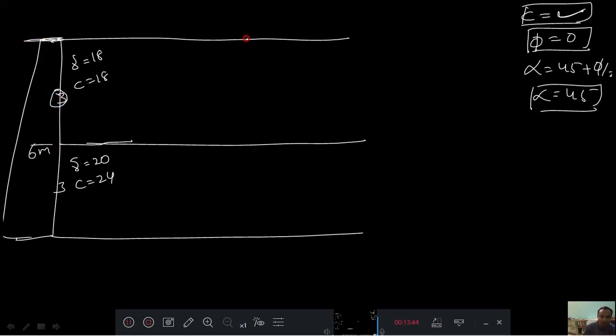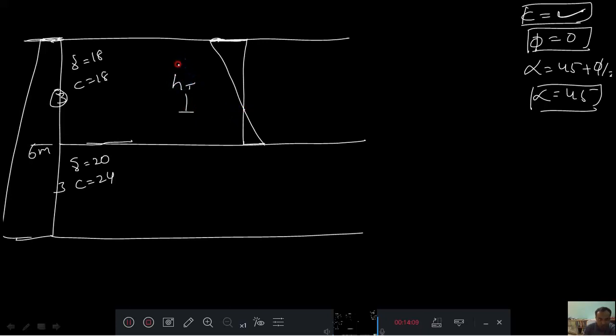Then how will the diagram be? This is a cohesive soil, therefore a negative value will be there, and it will come like this and become 0 somewhere. But whether this diagram is right or wrong, I need to check. For that I should know at what point it is going to become 0.